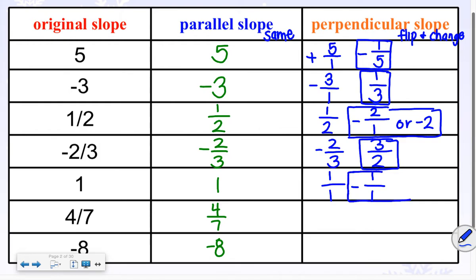So -1/1 or -1. 4/7 flipped and changed would be -4/7, and -8 flipped and changed would be +1/8.